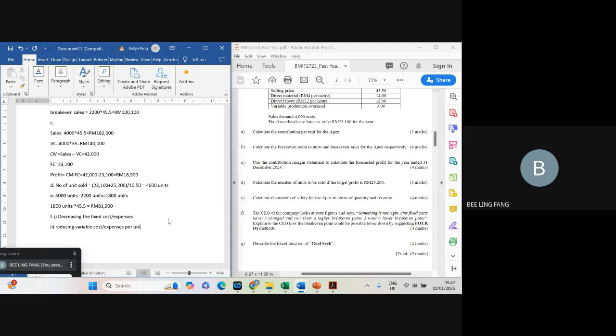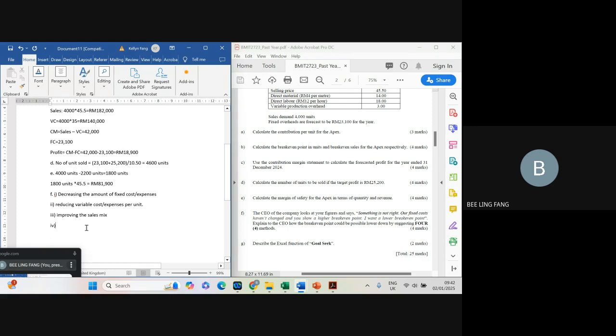Okay, you can talk about per unit. This is the overall fixed cost, the amount overall. This one is reduced per unit. Then you can improve the sales mix. This one I think is in the lecture notes, right?